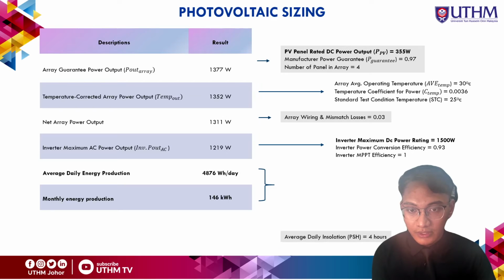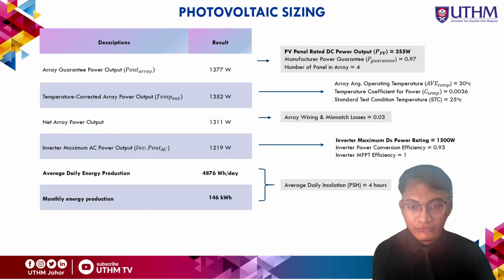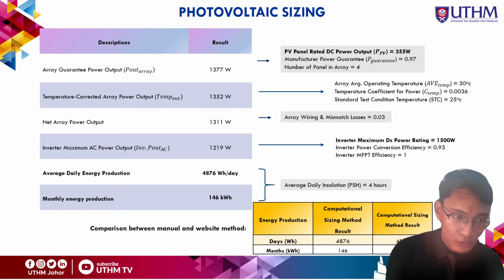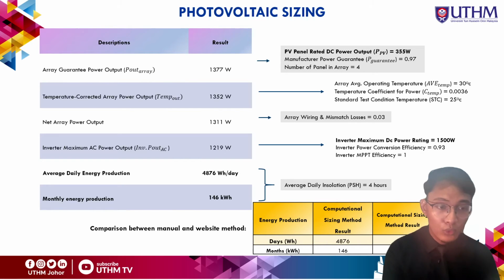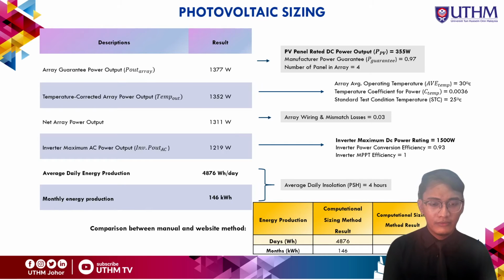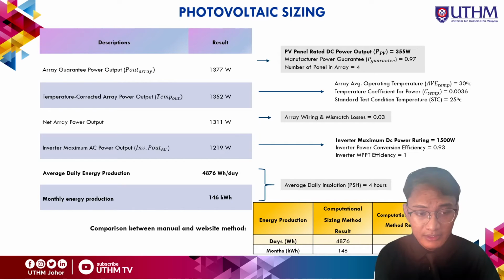So for the daily, we got 4867 watt hour per day, and the monthly we have 146 kilowatt hour. For the comparison between manual and website, it is approximately the same for the days, but for the month it is the same.